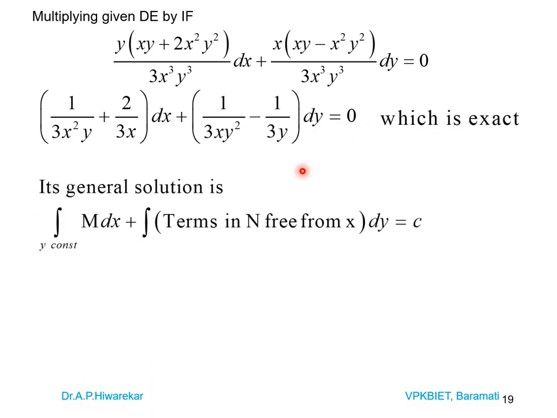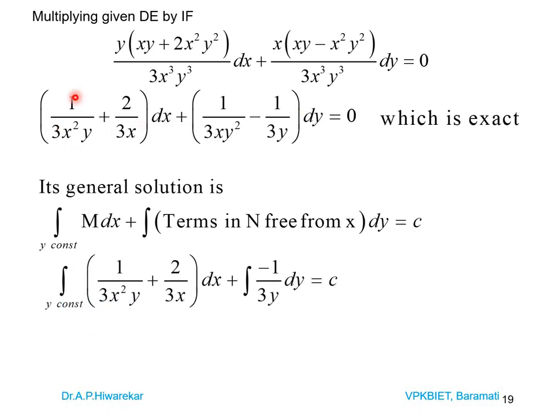So its solution is given by the integration of M dx assuming y constant, plus the integration of terms in N free from x dy, is equal to 0. So enter this value as it is: 1 by 3x²y plus 2 by 3x dx. This term consists of x, so we will not consider that.